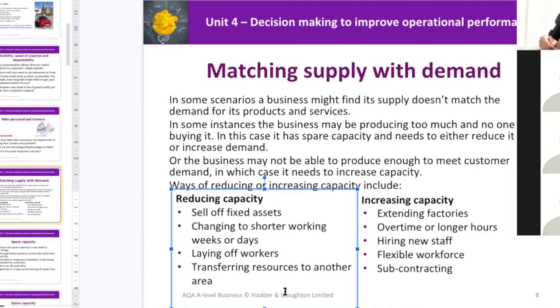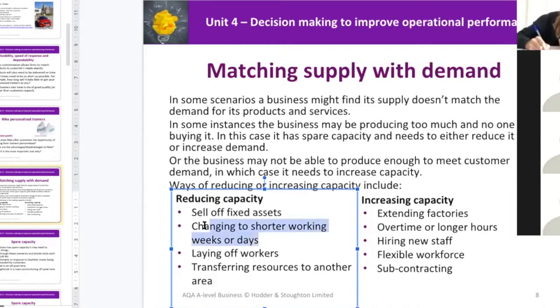Not many people want to buy Nike sneakers next year. So as a company, in your operations, we need to reduce our capacity. What you can do, you can sell your fixed assets. We don't need that many facilities. We don't need that many raw materials to produce the sneaker for next year because we don't have demand.